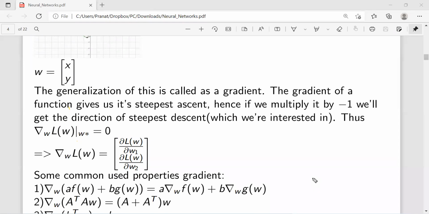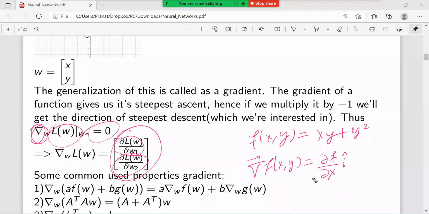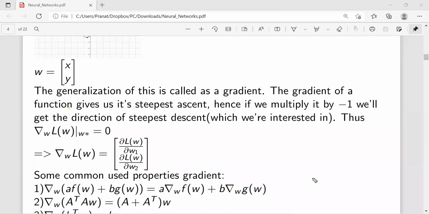Okay. And let's do an example of what a gradient of a function is. So remember, gradient returns a vector value.